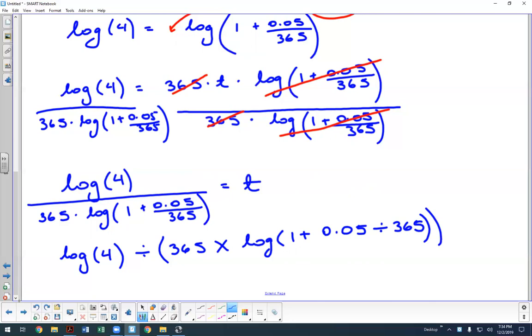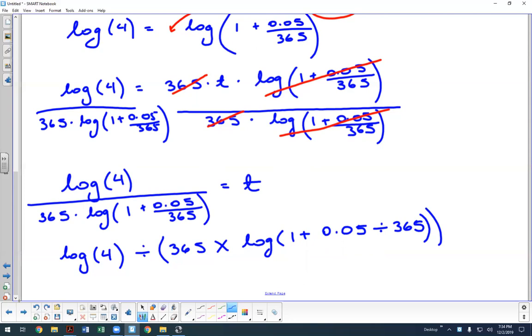If your calculator automatically types it as fractions, you may not have to worry about the parentheses. So it really has to depend on your individual calculator. Some of you guys have the reverse process, right? So if you're doing this in reverse, I would start with the denominator first. I would do 1 plus 0.05 divided by 365.